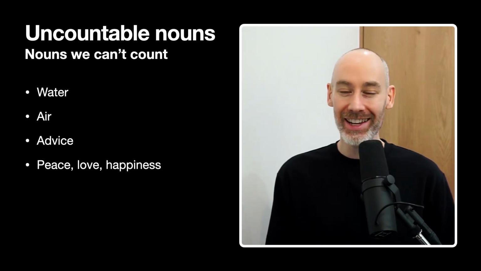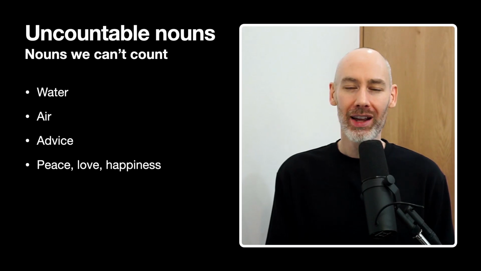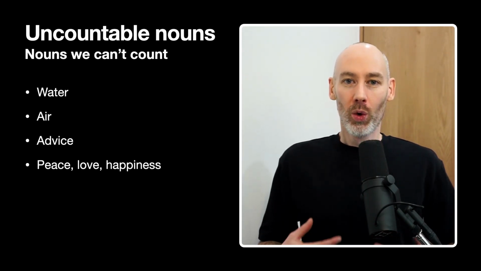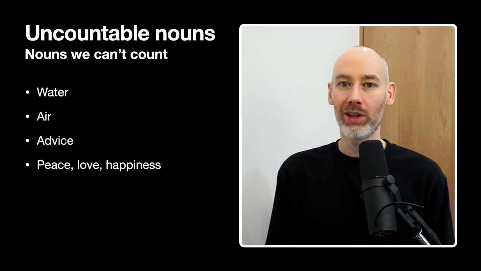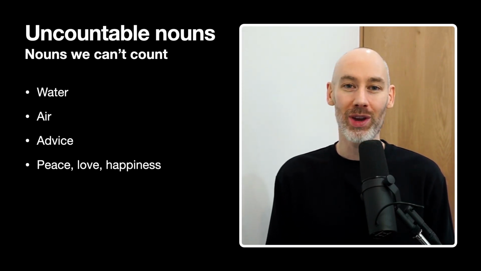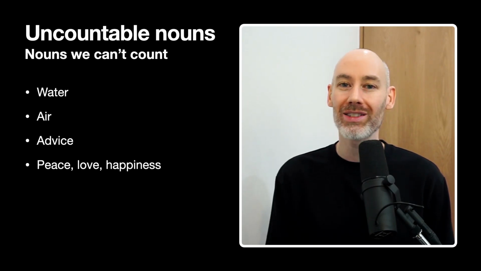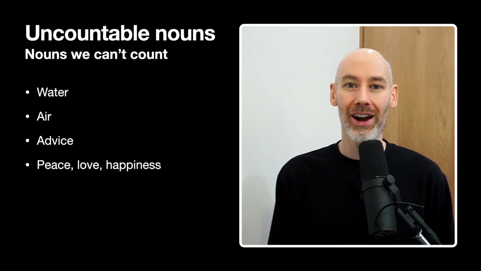Okay, they're all great things. I love all of these things, but we can't count them, right? Think about the air that we are breathing right now. We're breathing in the air, out the air, but can you count that? You can't say 1 air, 2 airs, 3 airs, 4 airs, right? It doesn't make any sense at all. Air is just all around us and we can't count it.